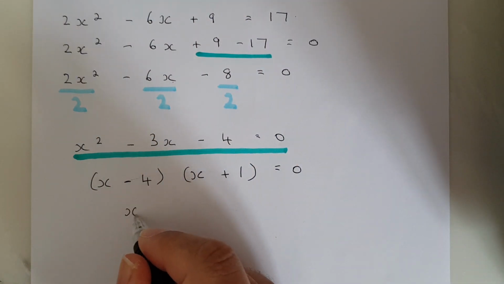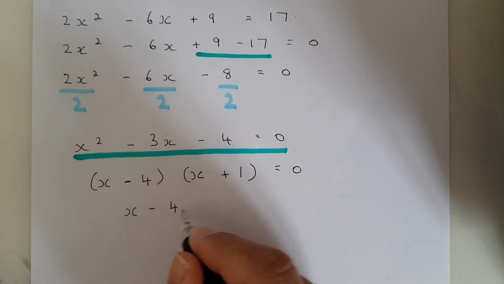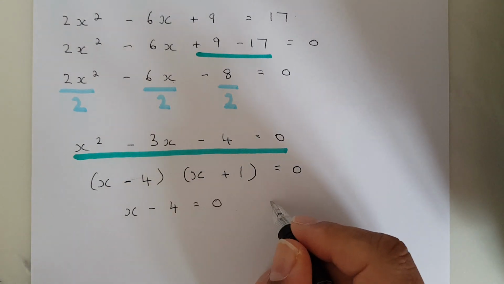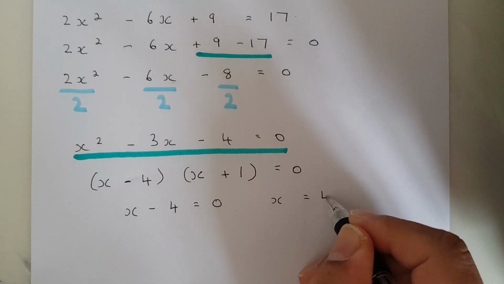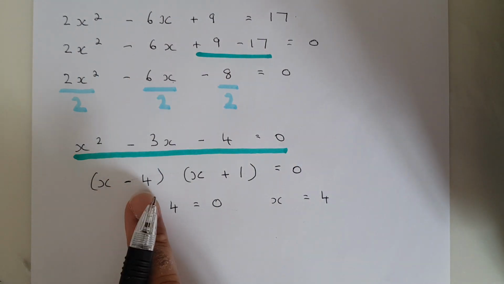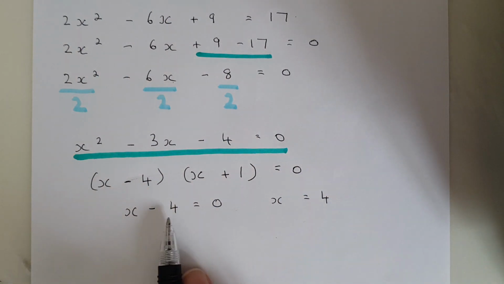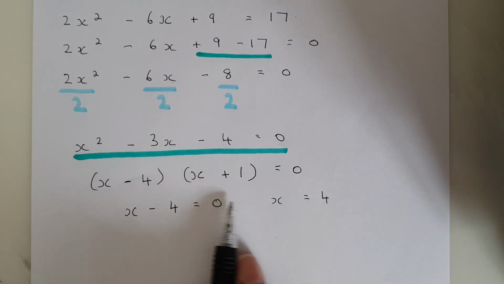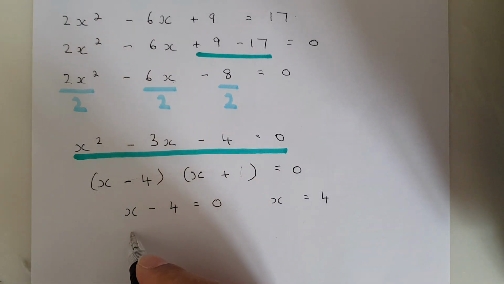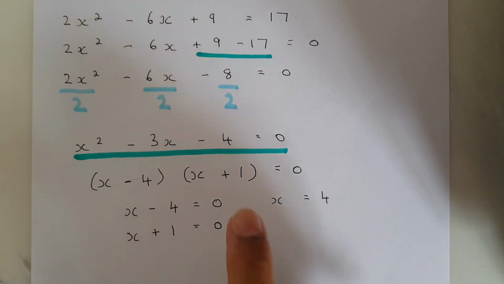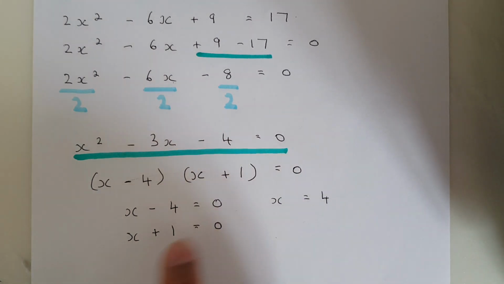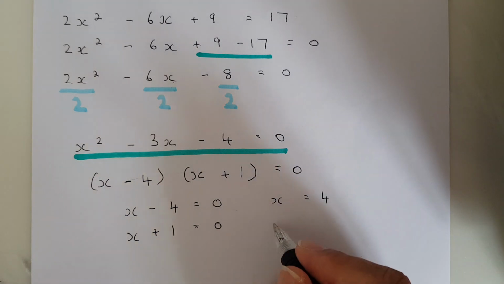Because the first one is going to be x minus 4 equals 0. So x equals 4. Just substitute, so minus 4 goes on the other side. x equals 4. Then we have the other one, x plus 1 equals 0. And how do you find x?